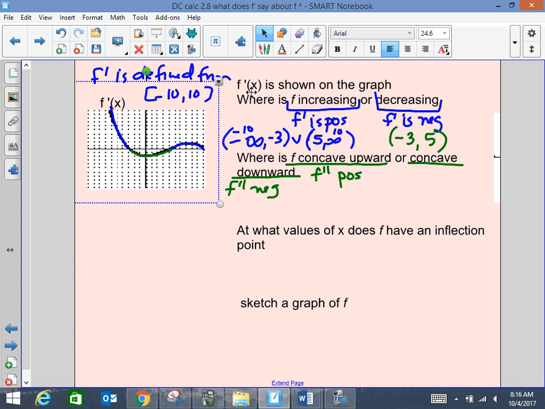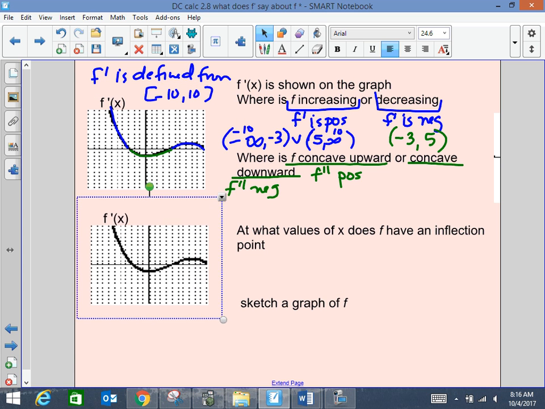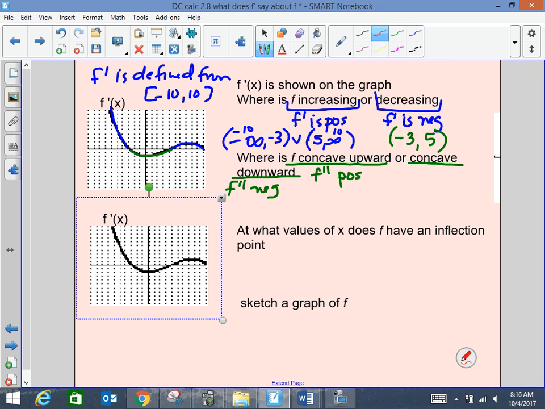Okay. Now, this is for increasing. So this is f double prime here. All right, how do I tell what f double prime is doing on f prime? What's the relationship between f prime and f double prime?